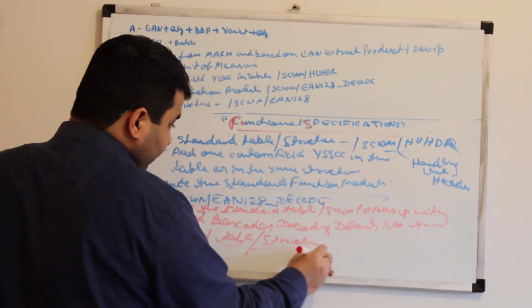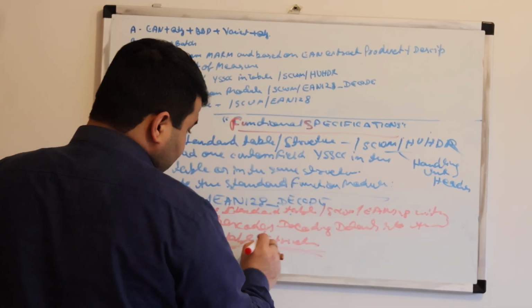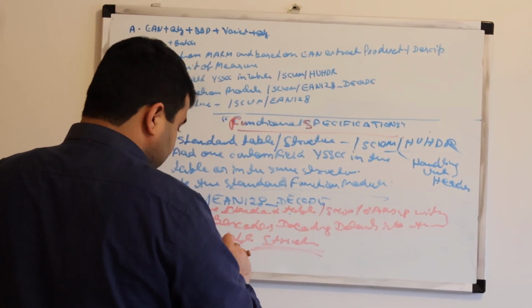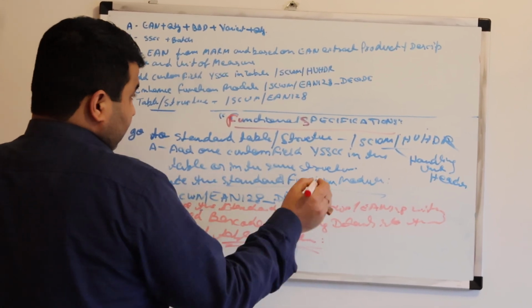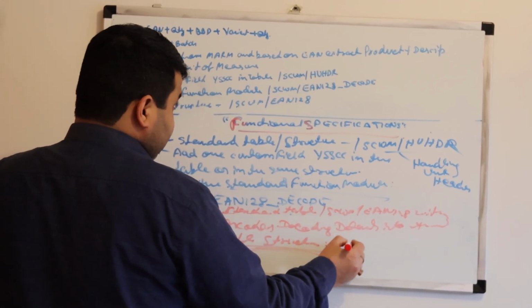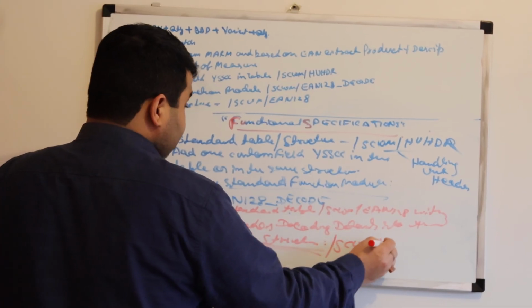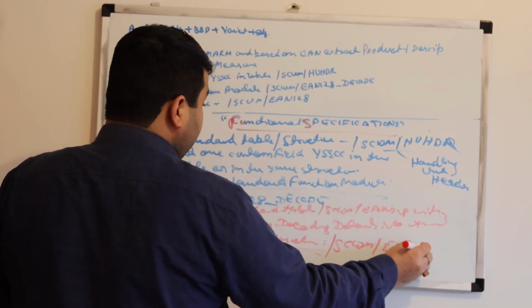Always we should put structure, then they will check. It would be the table, but it depends. So we put the table name here or structure /SCWM/EAN 128.